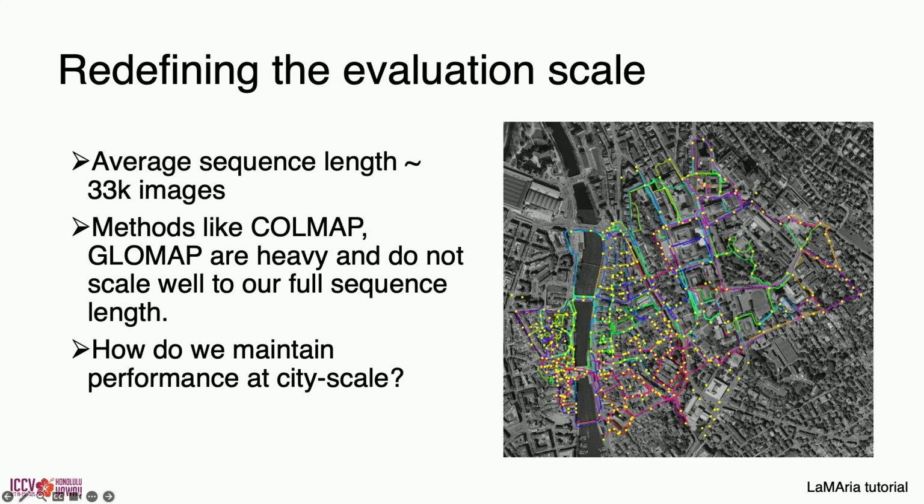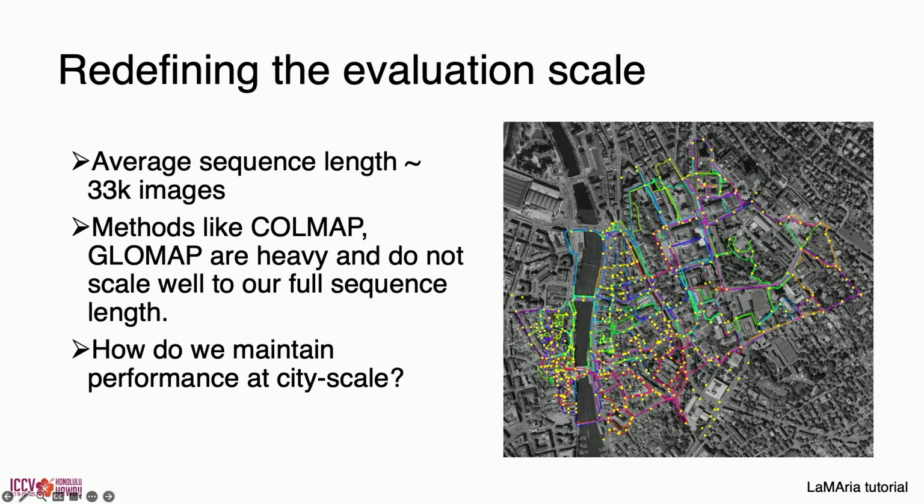And we hope that with this data set, we can push the boundaries of large-scale evaluation and not just test on short sequences like some of the sequences that are in EuRoC and in TUM-VI, for example. So with this data set, we hope that we can redefine the scale of evaluations, especially at this city scale at which we collect data.